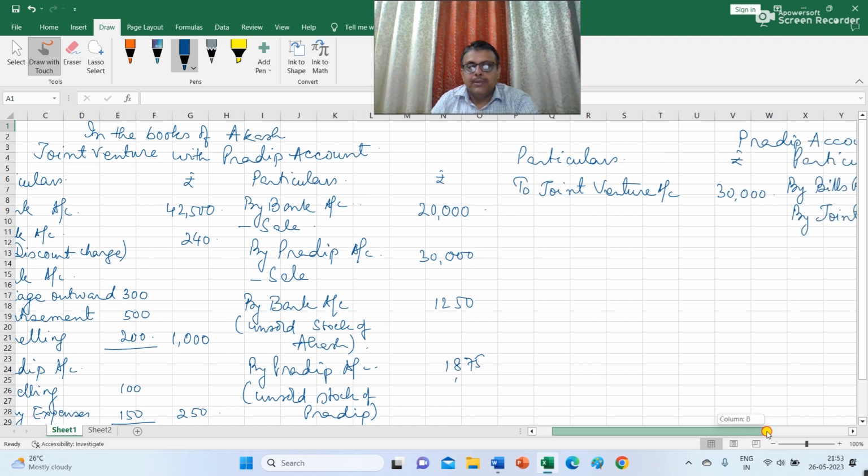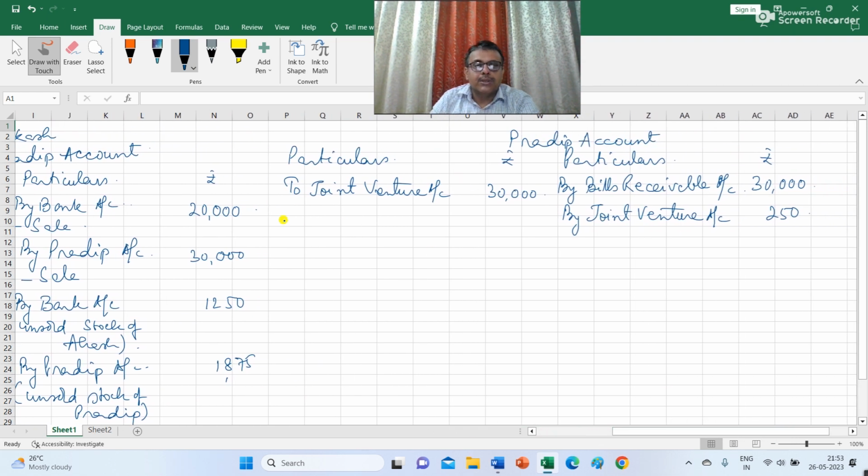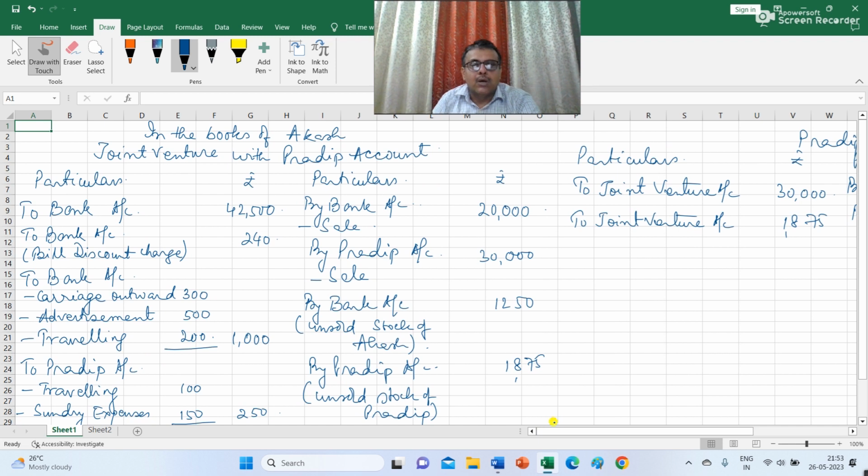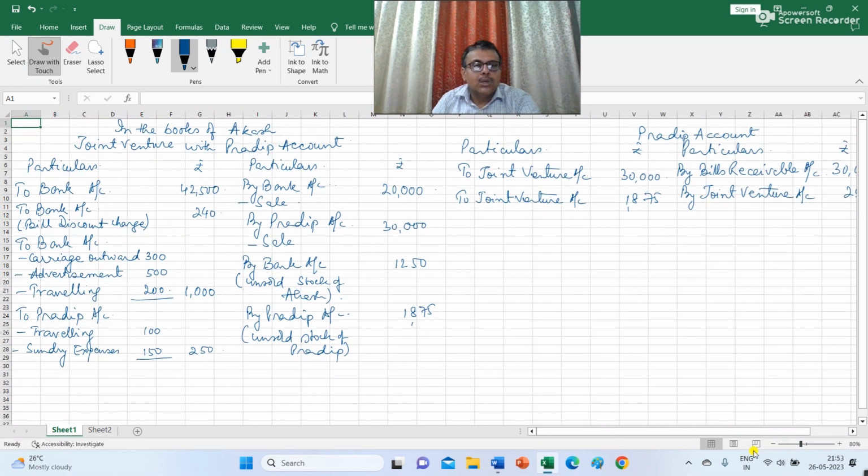So in the Pradeep ledger, you have to record this as to joint venture account 1875. Now in the joint venture account, I have to find out what is the profit or loss that has been made in this venture.